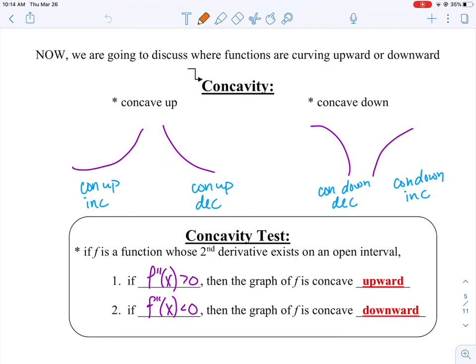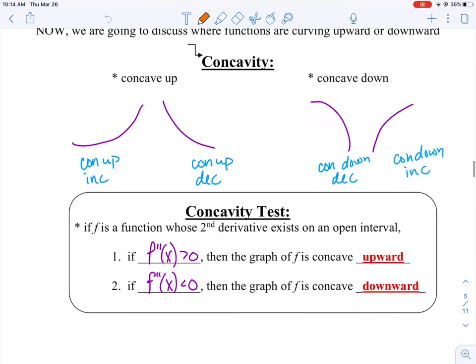Okay, and concavity is kind of like if the function curves upward or downward. So here's a couple of different pictures of concave up and a couple of different pictures of concave down. Now I want you to look carefully though at those pictures because we could have concave up but increase. We can also have concave up and decrease. So remember, increase and decrease is what we use our first derivative to determine.